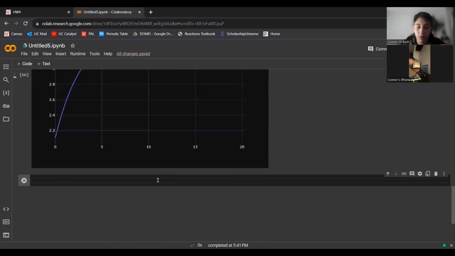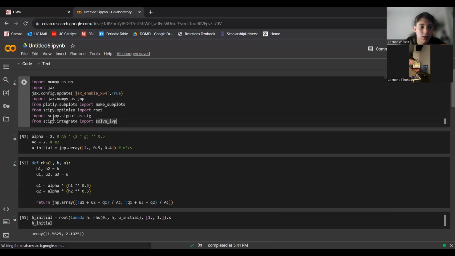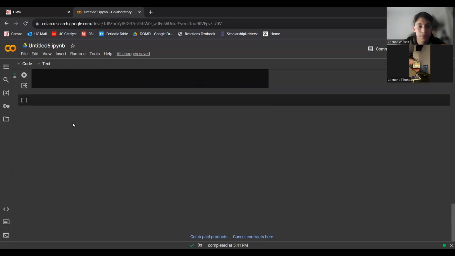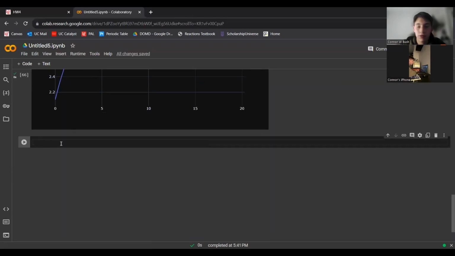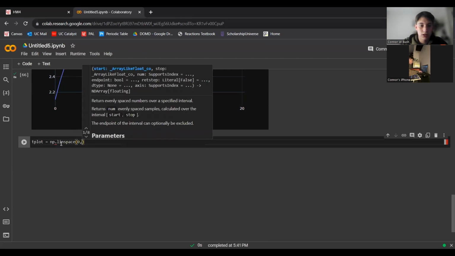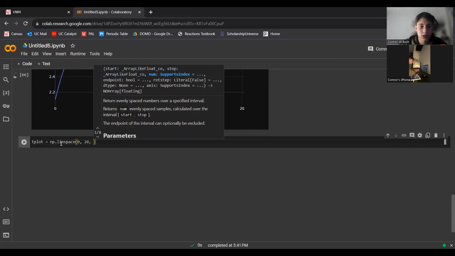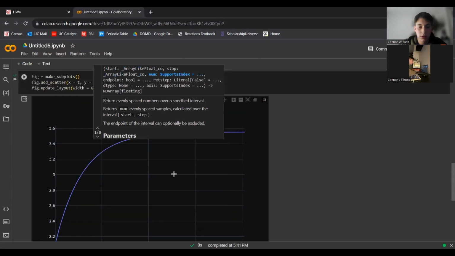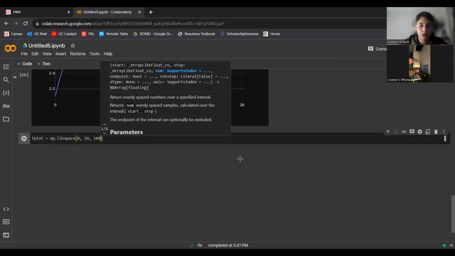So for the nonlinear model, we are looking at solve IVP, which we imported from scipy.integrate. That involves time, so we need to make a separate time plot for that. We'll call that tplot. And we're going to do numpy.linspace from 0 seconds to 20 seconds, just referencing what this looks like here, and then we'll do 100 points in between.